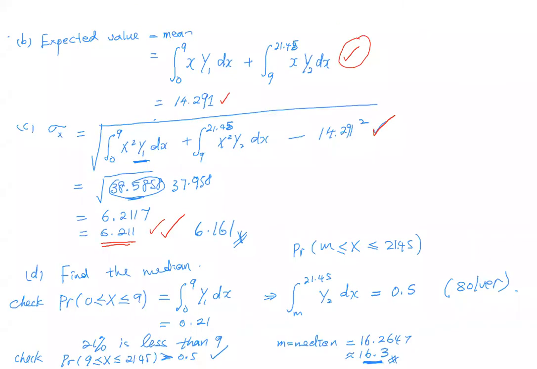Okay, so now let us go to another question that is concerning normal distribution. How am I going to know that the distribution given is normal? The question definitely will tell you.